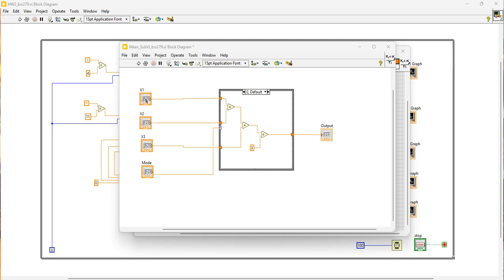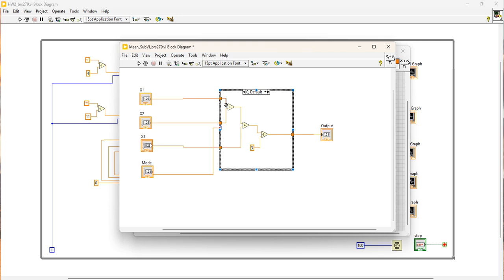Outside the case structure, you can see that X1, X2, and X3 are controls. And then there's a fourth control that I named mode that is fed directly into the case selector so that it has a 0 and a 1 case.